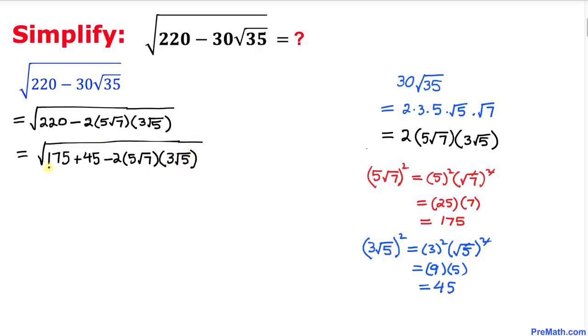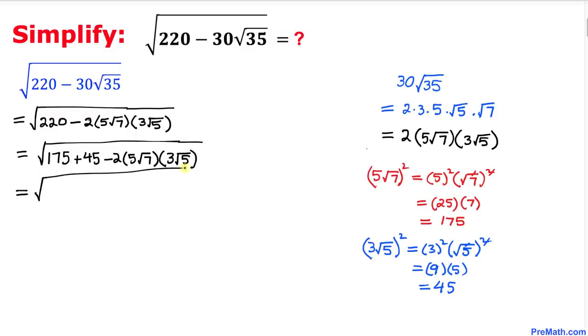And now in this next step, 175, I am going to replace it by this 5 times square root of 7 square, because this is equal to 175. And likewise this 45, I am going to replace it by 3 times square root of 5 square, because this is equal to 45. So let me go ahead and write down this thing.